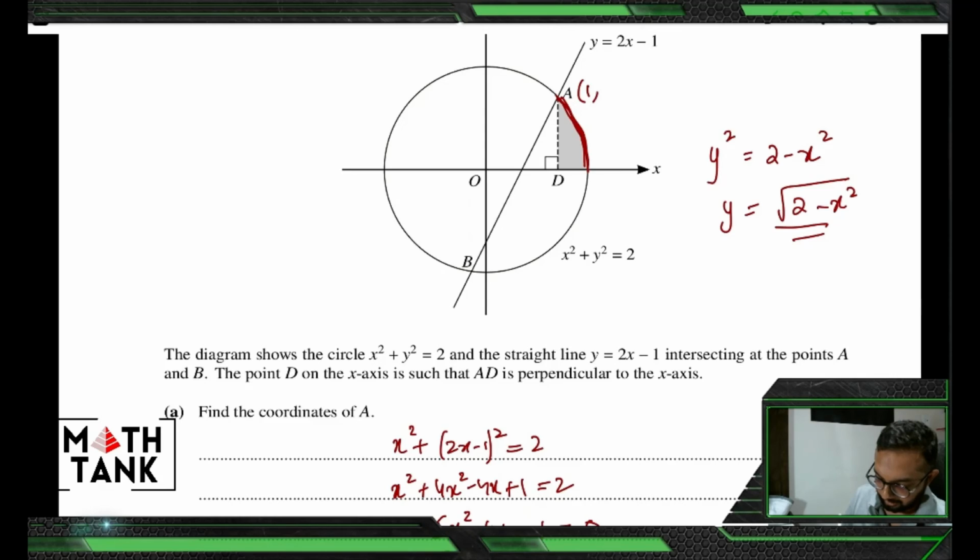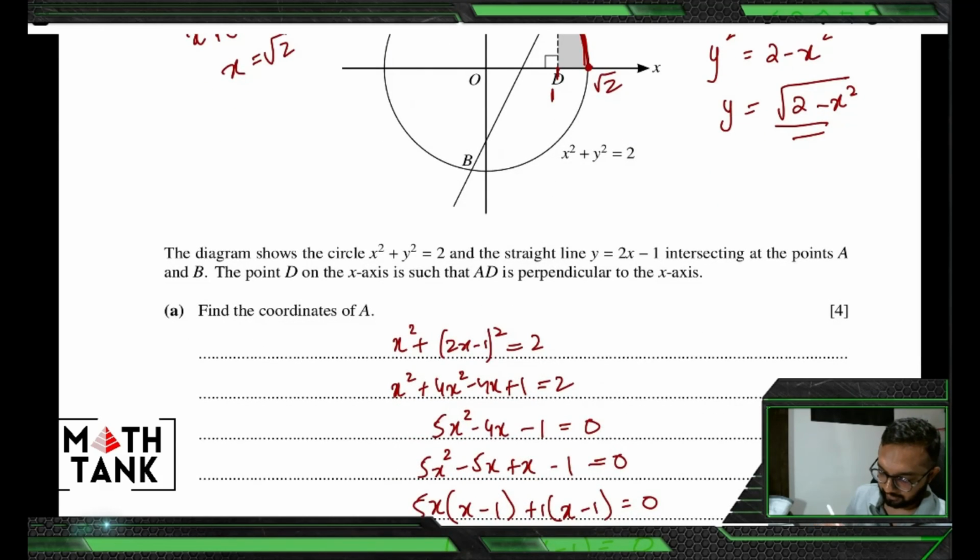My limits would be 1, and this point will basically be the x-intercept of the equation. So I'm going to say that's basically root 2. I'm going to integrate till root 2. So I'm going to first construct my formula.